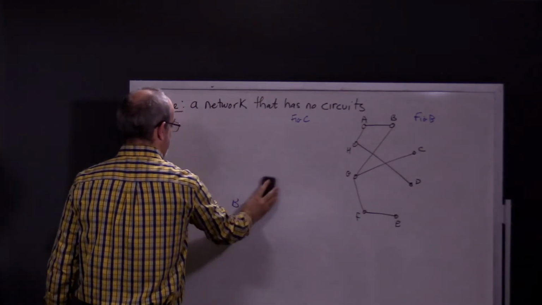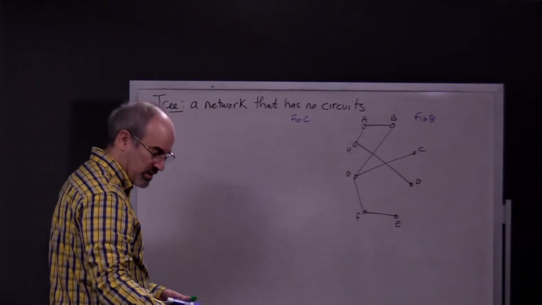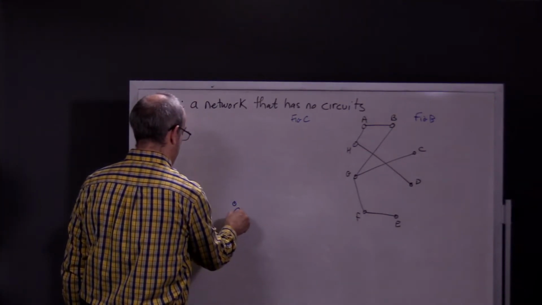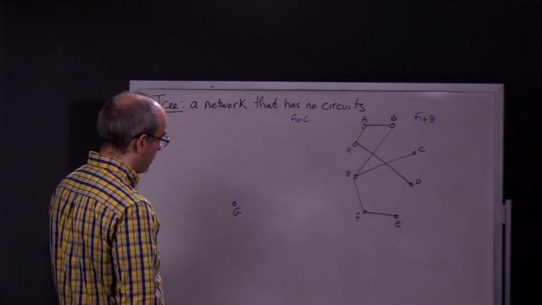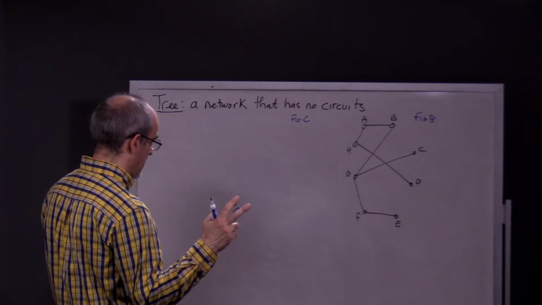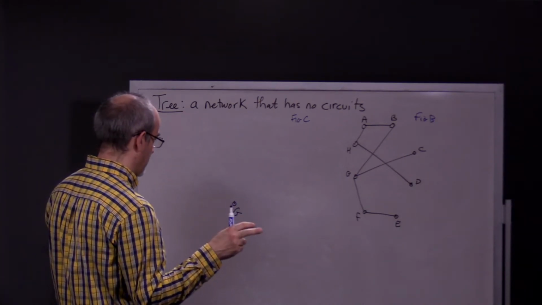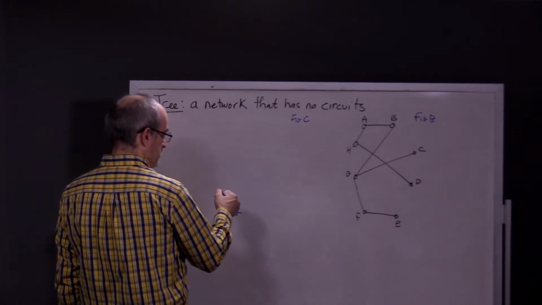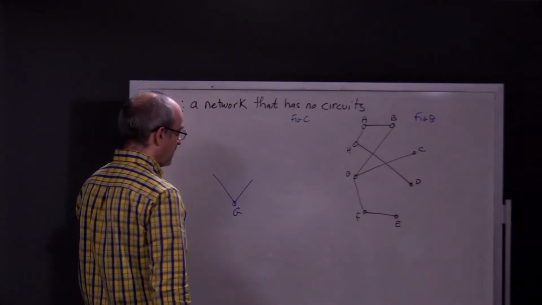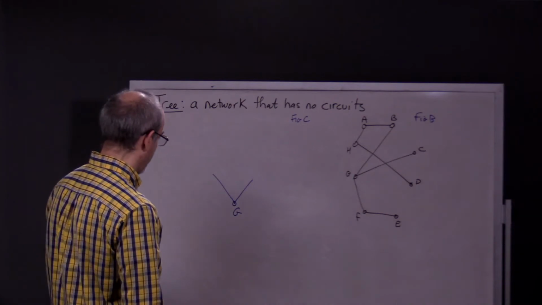So I'm going to pick G to be the root. This is going to be hard for me. Okay. Well, G goes to two different things. It goes to F and C. So you have to have two things coming off.